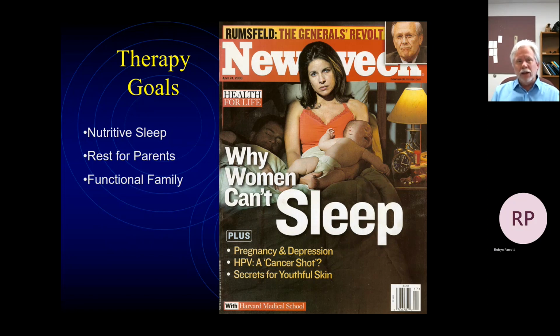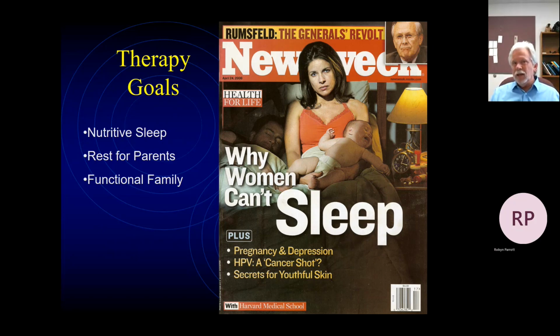If we can't achieve that very well, we work for a restful period for the parents, and that is that there's some amount of sleep that allows the parents to get rest as well, even if the child has some interruption in sleep, or maybe will have to compensate for sleeplessness during the night with naps, but enough sleep for the parents too.